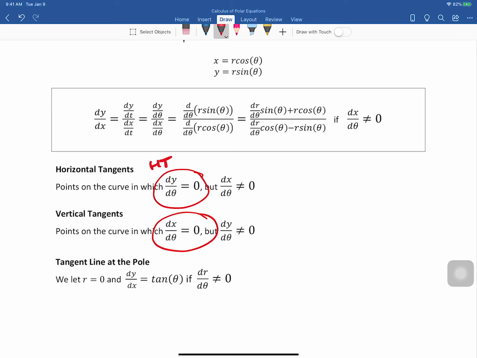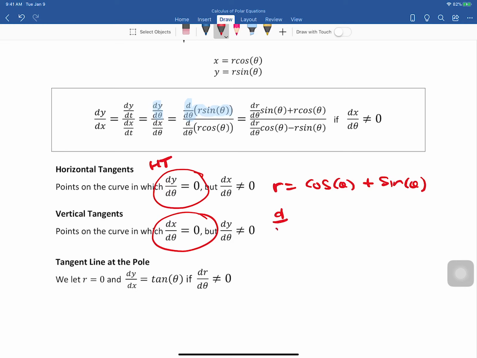Okay, so we're going to use that equation, and notice what this does here. If we go on top, this is where we have horizontal tangents. dy d theta will be 0, and this is what we're going to have to differentiate. So d theta of r sine theta. Don't forget, r was cosine theta plus sine theta.